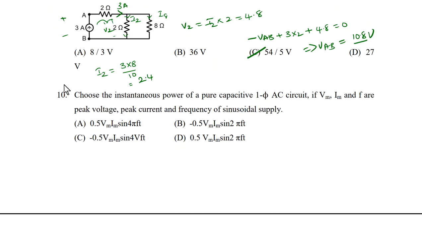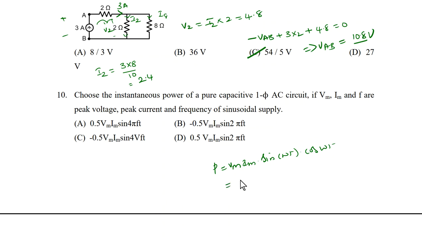Next one. Choose the instantaneous power of a pure capacitive single phase AC circuit if Vm, Im and f are the peak voltage, peak current and frequency of the sinusoidal supply. Okay, so for instantaneous power, P is equal to Vm Im into sine omega t into cos omega t, like this is the formula.